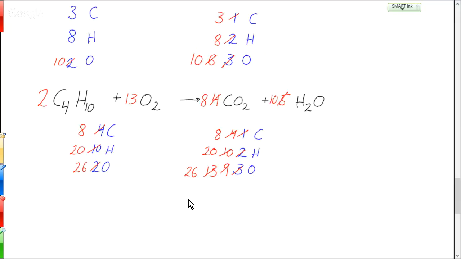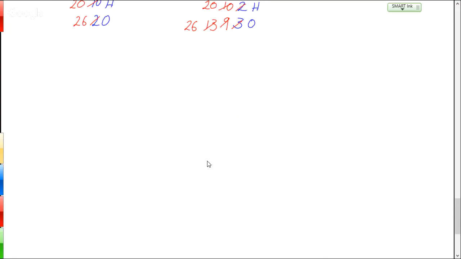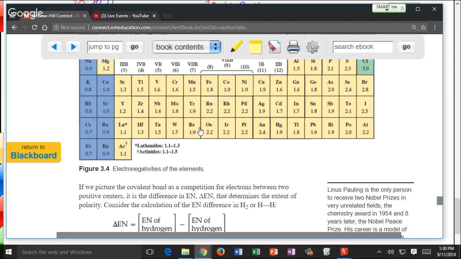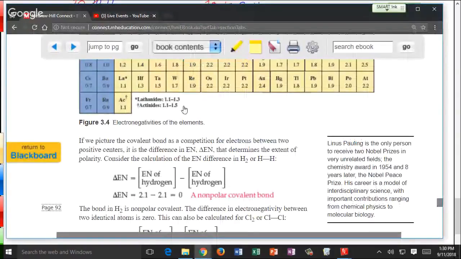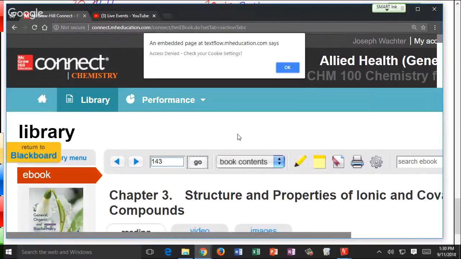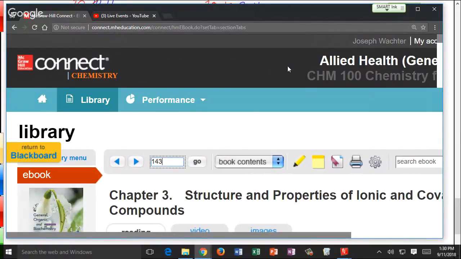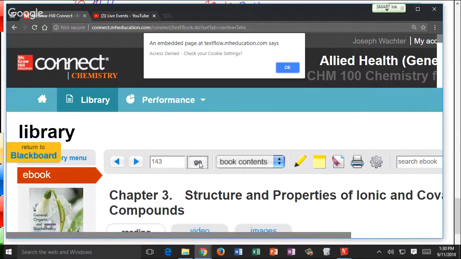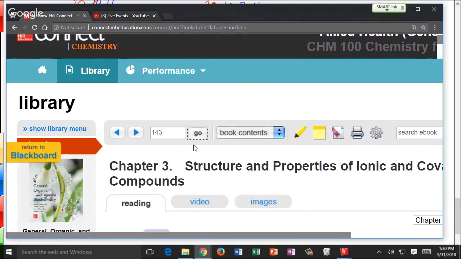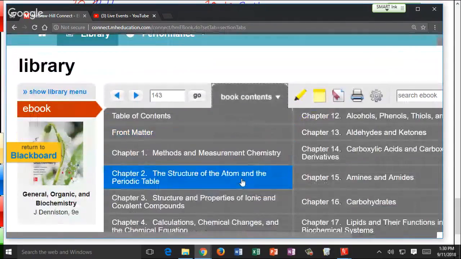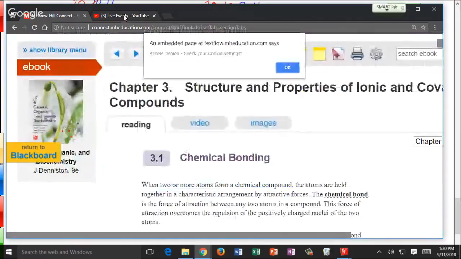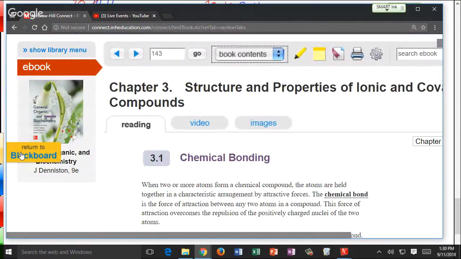All right, we're going to take it one more step. Maybe. Grab this one from the book here. Access denied. Okay. Maybe I won't be taking this one from the book.